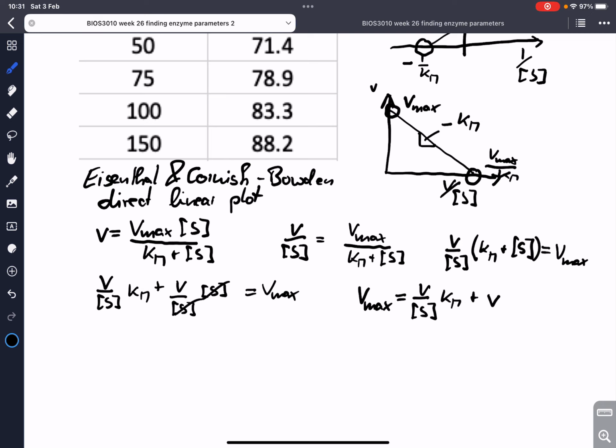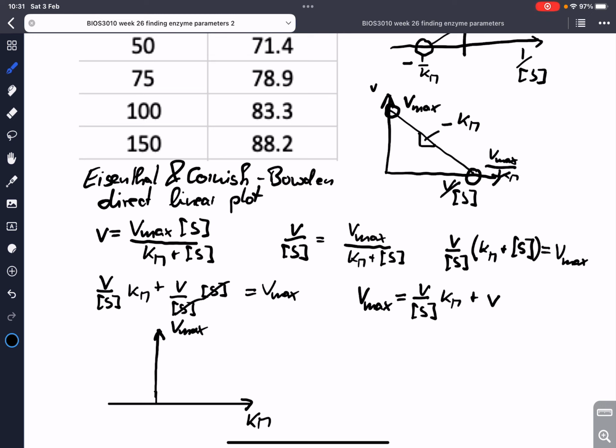So we would plot something like Vmax versus Km. But actually, we don't have these numbers, do we? This is actually what we are looking for.